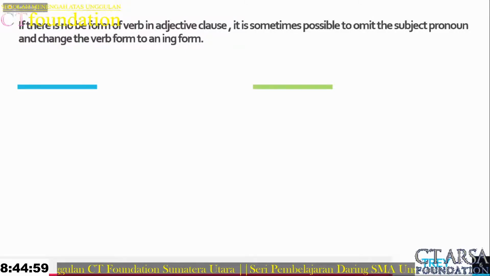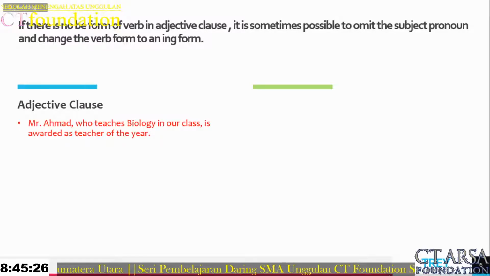So how do we reduce that? We take out the relative pronoun from the sentence, and the following verb after that relative pronoun, we change it to the ing form. Okay, here is an example. This is the adjective clause. Number 1: Mr. Ahmad, who teaches biology in our class, is awarded as teacher of the year.